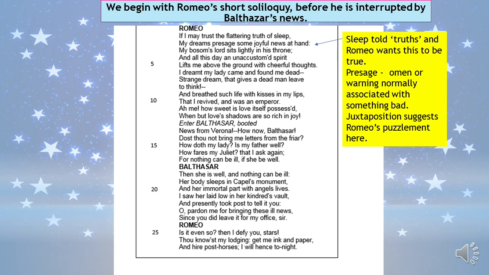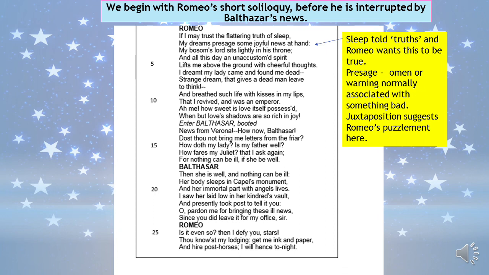Sleep told truths, like I said before, and Romeo wants this to be true. Well, of course he does, because he's actually talking about the idea that Juliet comes along and revives him and makes him this emperor, which we'll talk about in a minute. So again, presage is an omen or warning, normally associated with something bad. If you think about an omen, it normally is something quite bad. So I suppose here you could say that juxtaposition's been used.